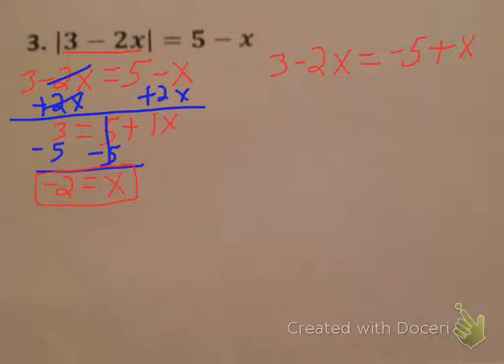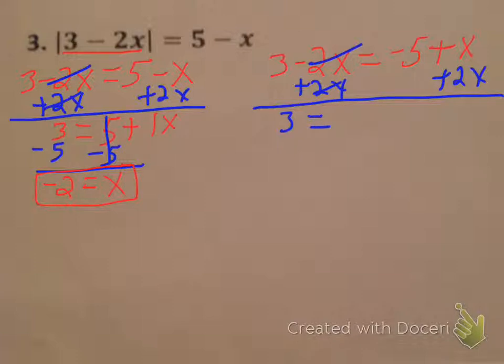Now I'm going to go ahead and solve the other side as well. So I'll get my x's together again. So I'm going to say plus 2x, plus 2x. The 2x's cancel, leaves us with 3 equals negative 5, 1x plus 2x is 3x. Now I'm going to solve this for x, so I've got to get the x by itself, so I'm going to get rid of that 5, so I'm going to say plus 5 and plus 5.